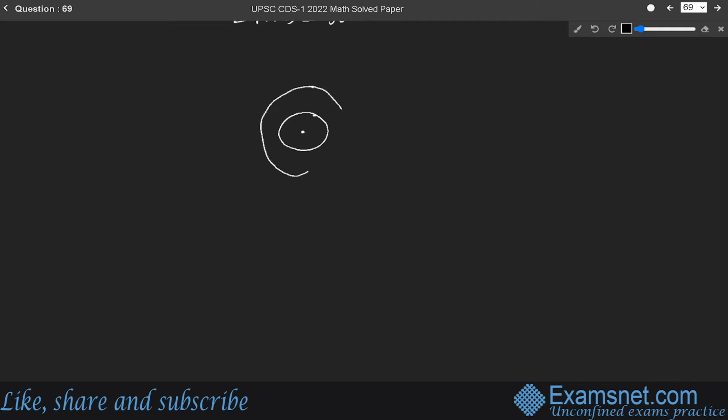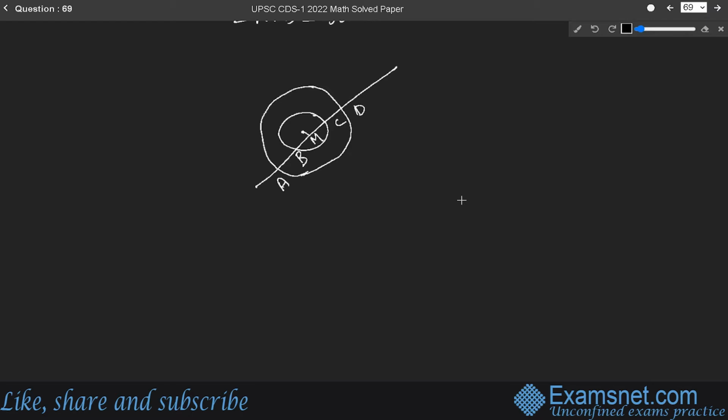So let these be the two concentric circles, and there is a line which passes through the points A, B, C and D, and this is the center. You can see that this is the center of the circle.